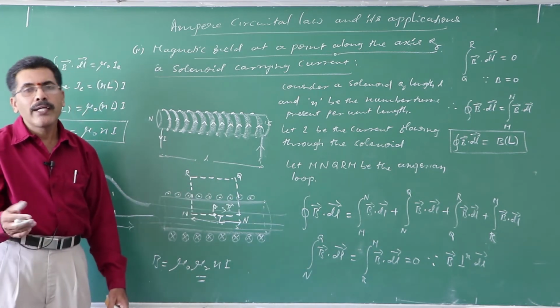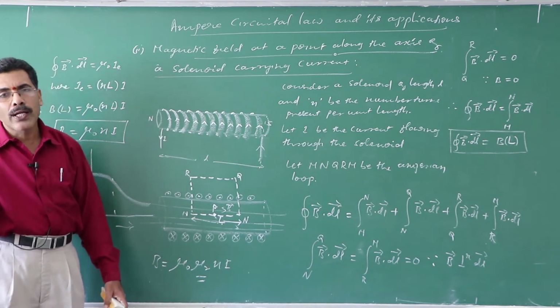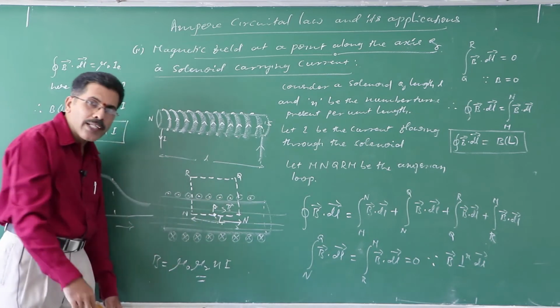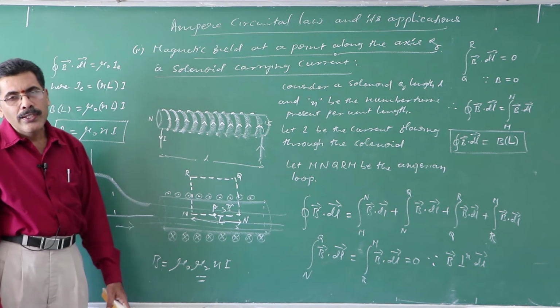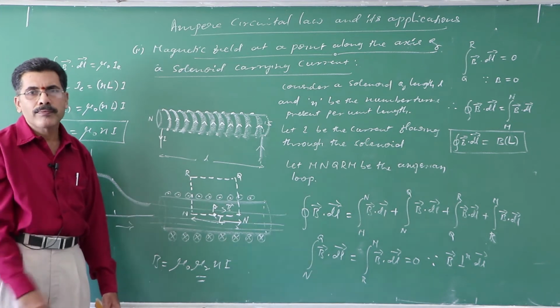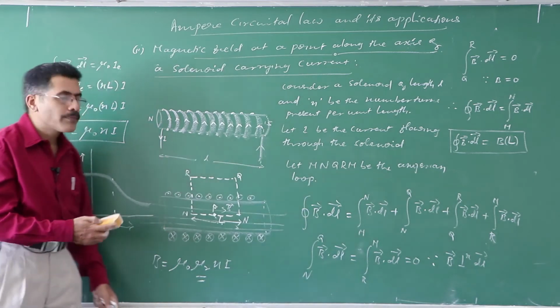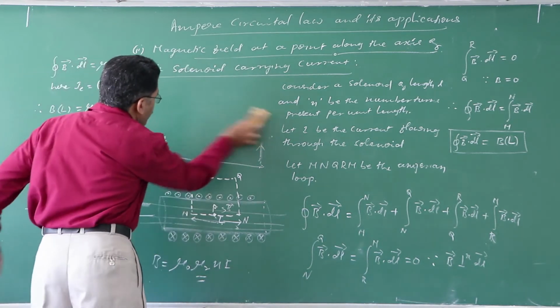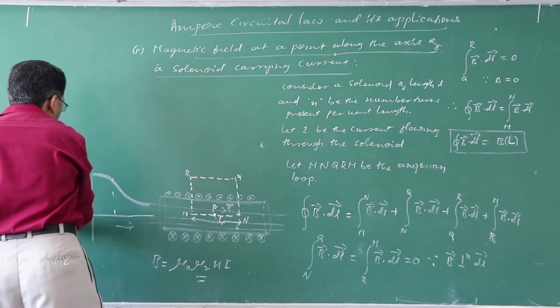So, an iron core solenoid produces a stronger field compared to an air core solenoid. If there is nothing inside, we call it an air core. Air is present, air core. If iron is there, iron core. That's about the solenoid. So now let us move on to the third important application, the toroid.